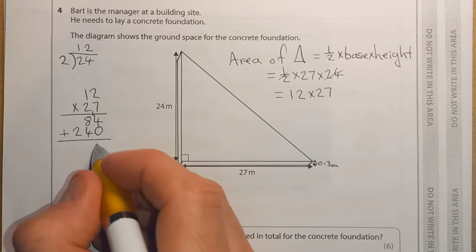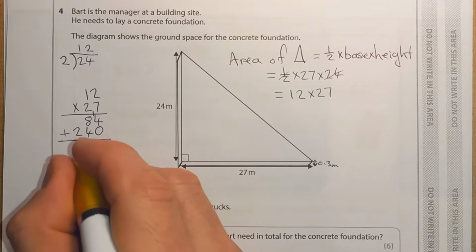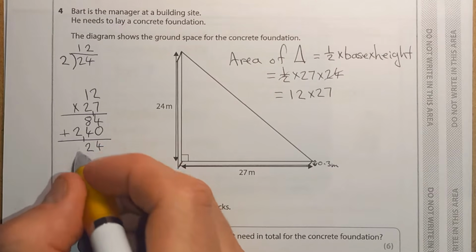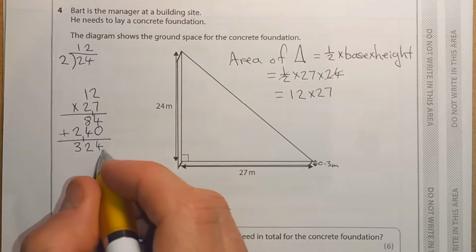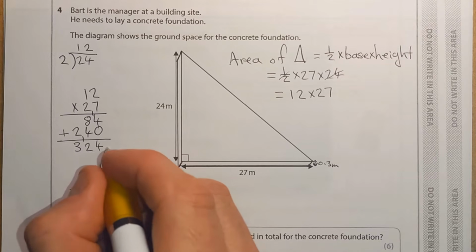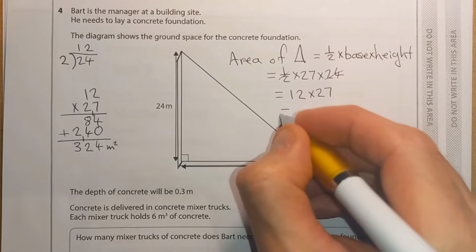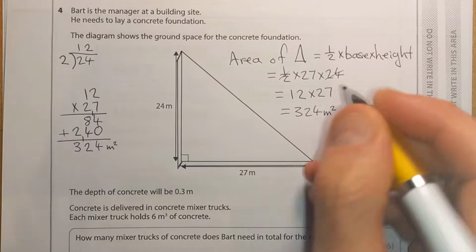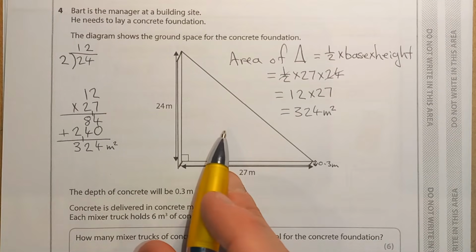So we've got 4 plus 0 is 4. 8 plus 4 is 12, 2 carry the 1. And 2 plus 1 is 3. So we've got 324, and that's going to be metres squared. In fact, let's put that in here. So that's the area of this triangle.